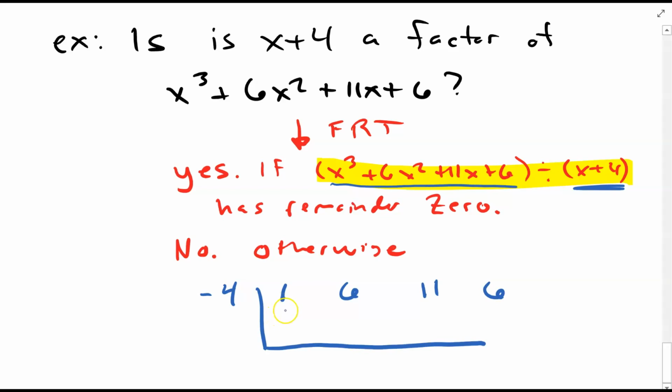Okay. So we start the synthetic division process by bringing down the first number, and then we take the -4, we multiply it to the 1, and we write it in the next spot, and then add down. And then we just keep repeating that process until we filled in all of our spaces. So -4 times 2 is -8. -4 times 3 is -12.